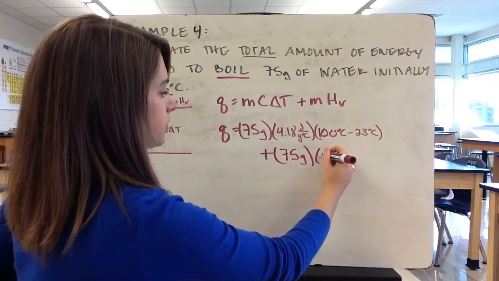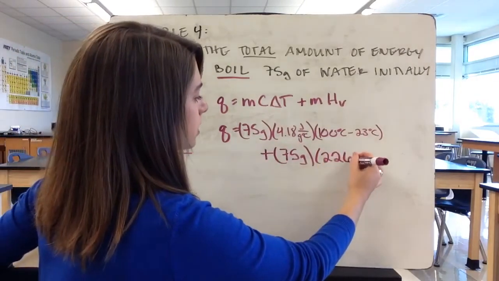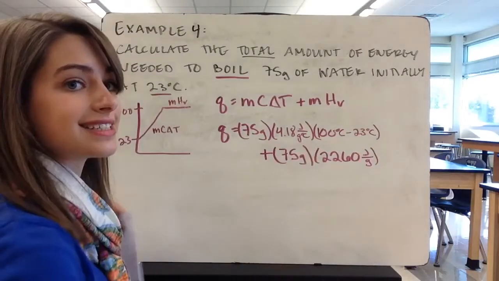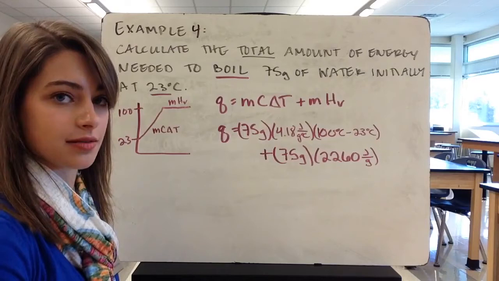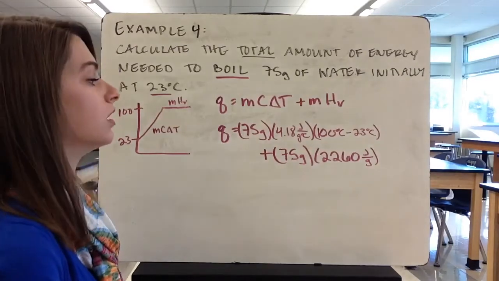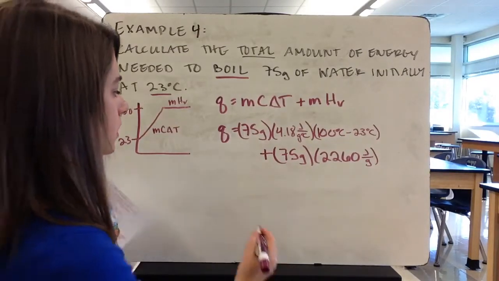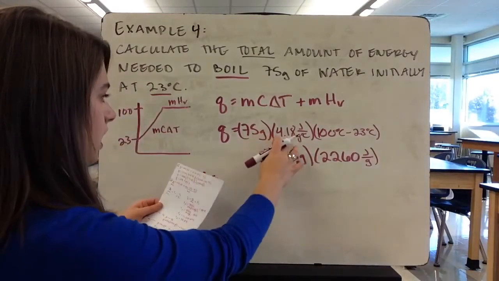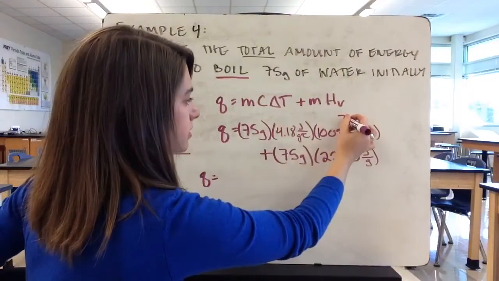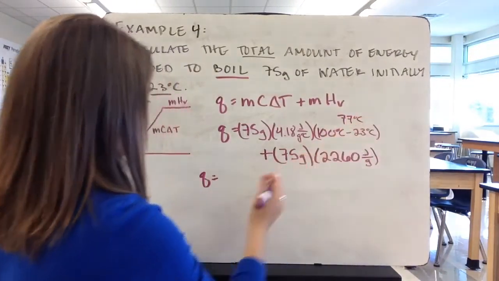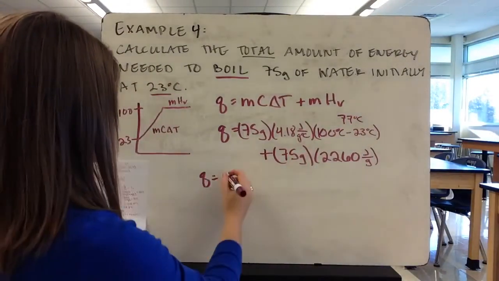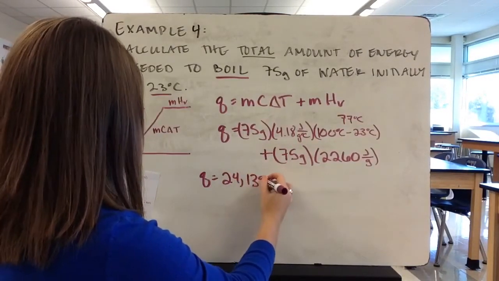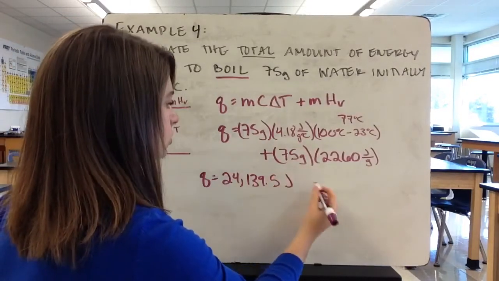Our heat of vaporization for water is 2,260 joules per gram. Notice it takes a lot more energy to boil a substance than it takes to melt a substance. So now we have Q equals 75 times 4.18 times, this is 77 degrees Celsius, gets us 24,139.5 joules.